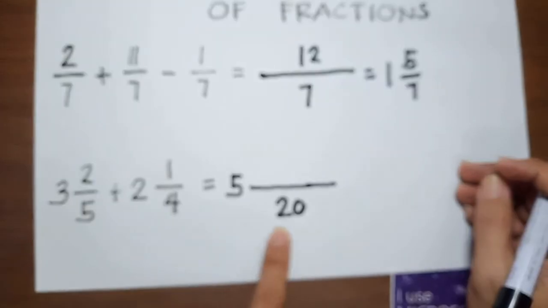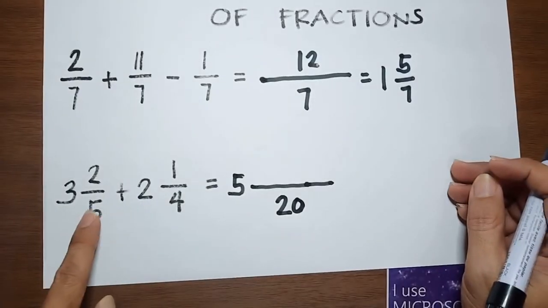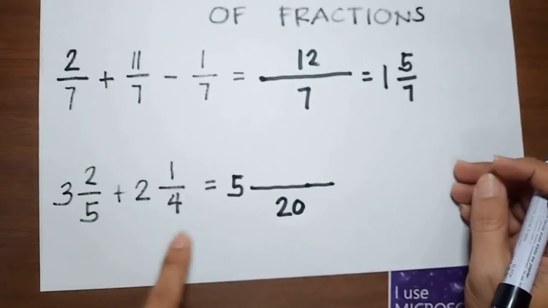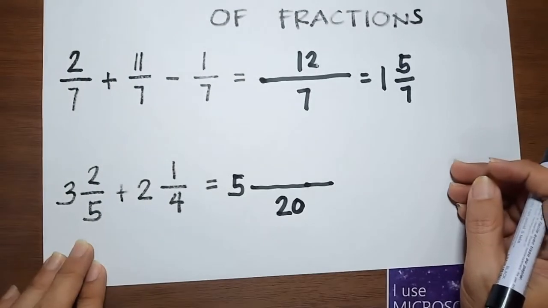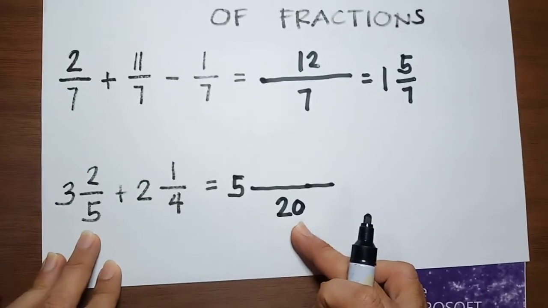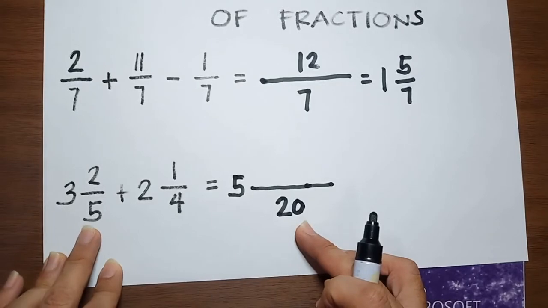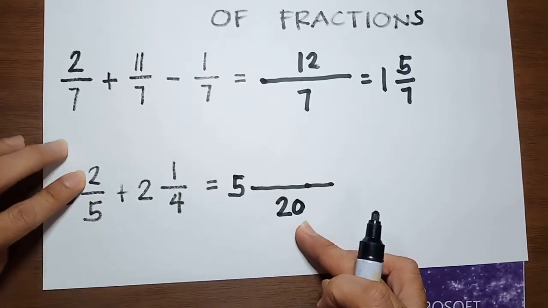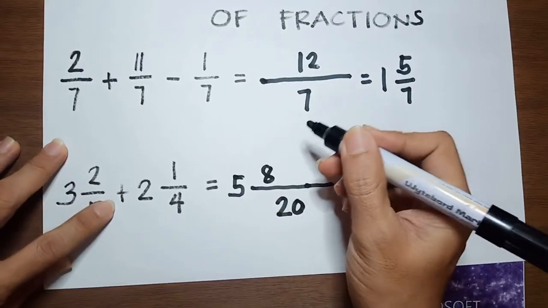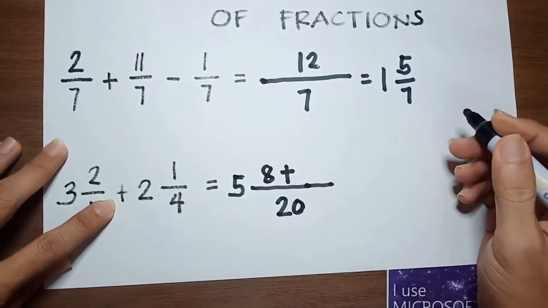It is the smallest number that can be divided by 5 or 4. So in this case, we divide 20 by 5 is 4. Then multiply that with 2. That gives us 8. Then we copy plus.